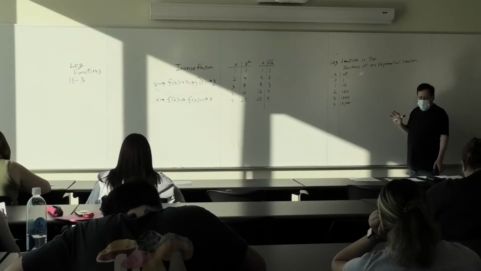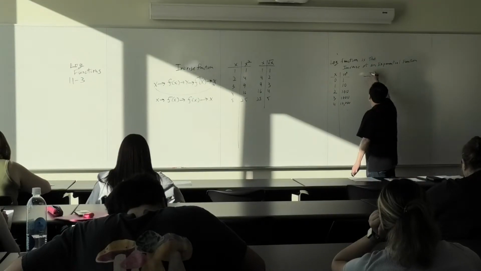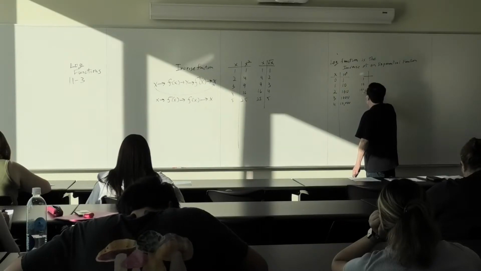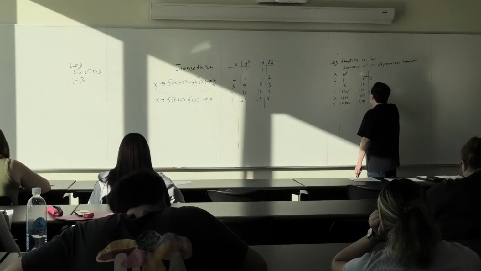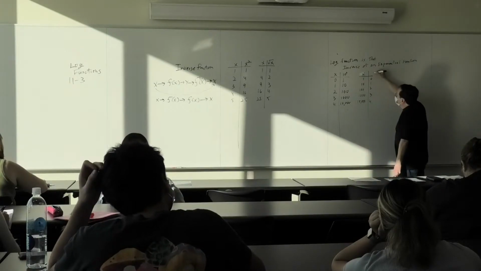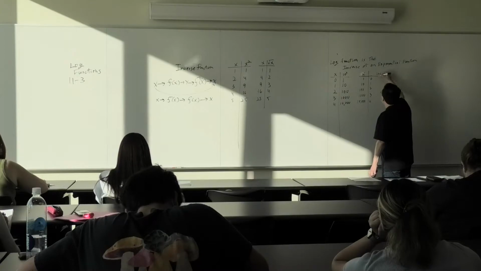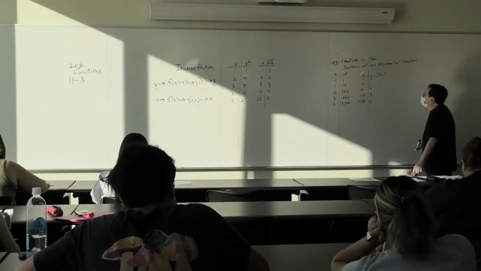Now I'm just going to do what I did with the square function. I'm going to reverse it. So I get 1, 10, 100, 1,000, 10,000 going to 0, 1, 2, 3, 4. Here, the function I'm going to write in is log to the base 10 of x.